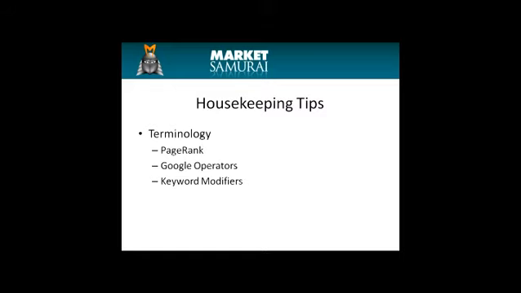What we're also going to be looking at today, particularly in the area of keywords, is the keyword modifiers. I'm going to give you a list that I've put together myself, which will help you find specific keywords that are relevant to your niche, depending on what model you are choosing to operate with.